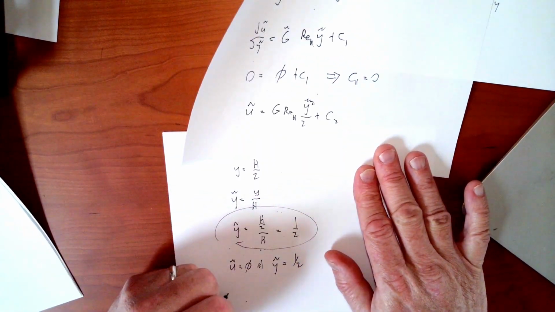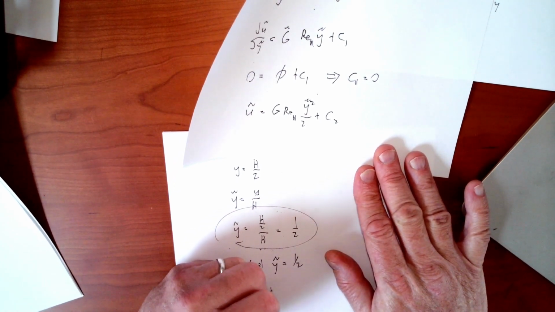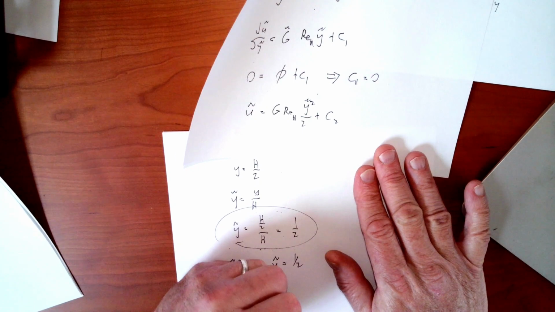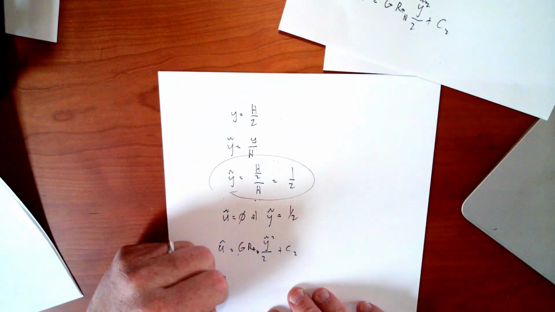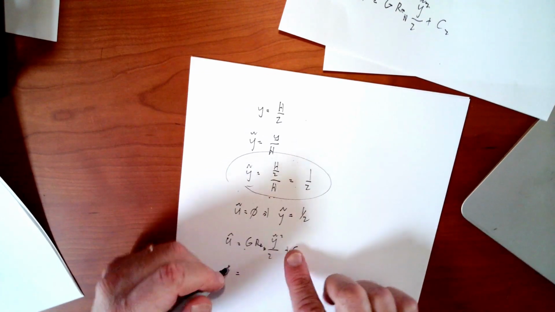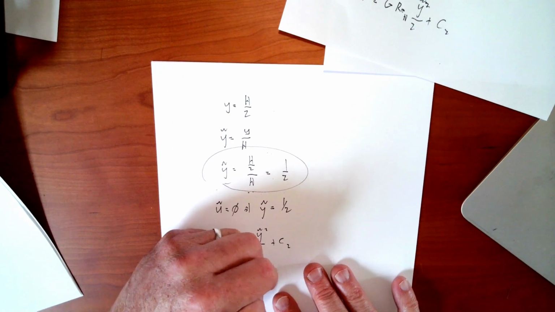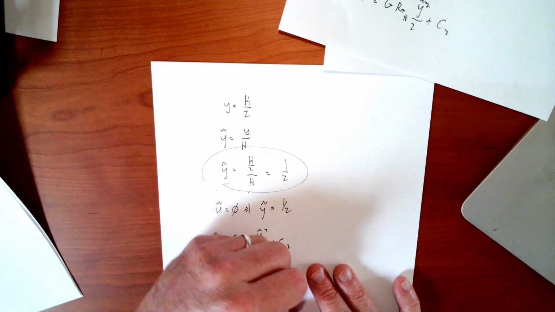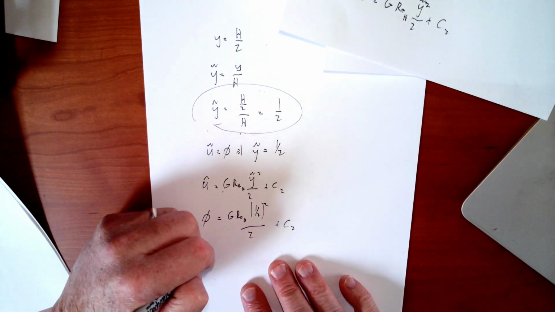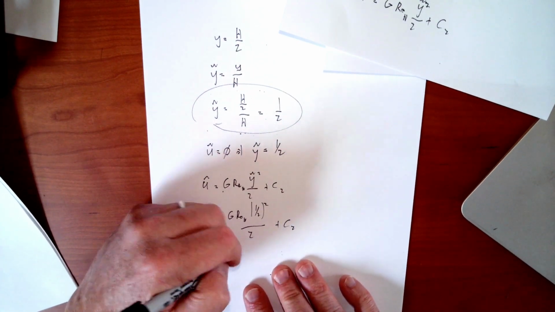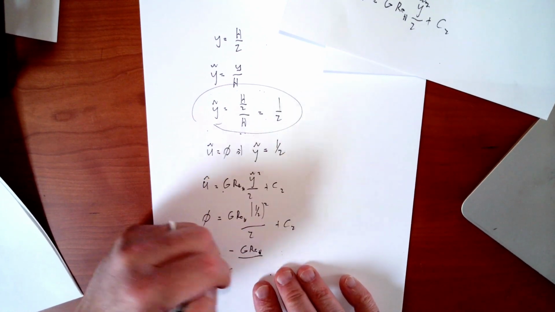All right, so there's my boundary condition, which I'm going to use in this equation. I put in u tilde equals g Re_h y tilde squared over 2 plus c2, and apply this boundary condition. I put in 0 on the left for the value, and y tilde equals 1/2 there. So I get 0 equals g Re_h times 1/2 squared over 2 plus c2. And of course, that means that c2 is equal to negative g Re_h over 8.